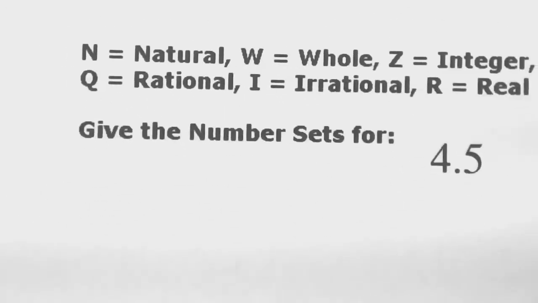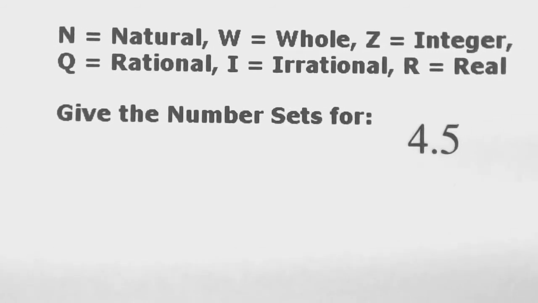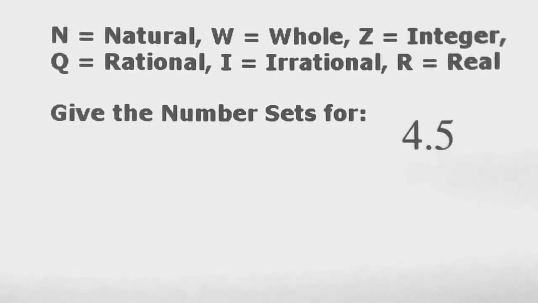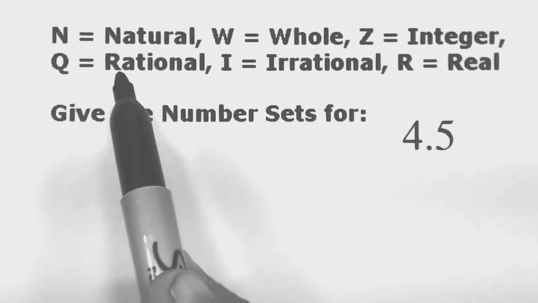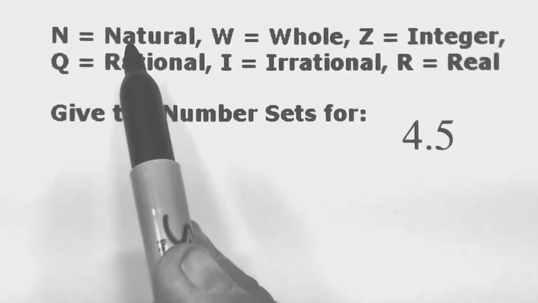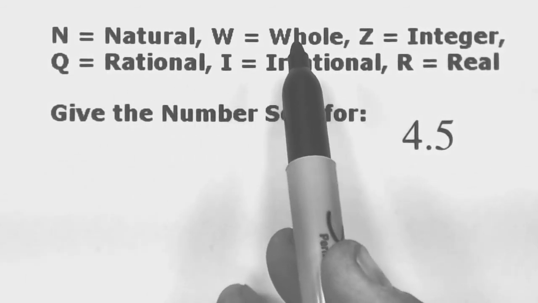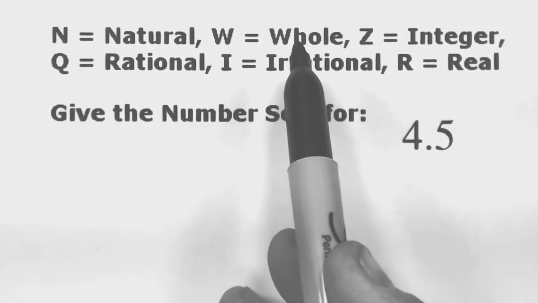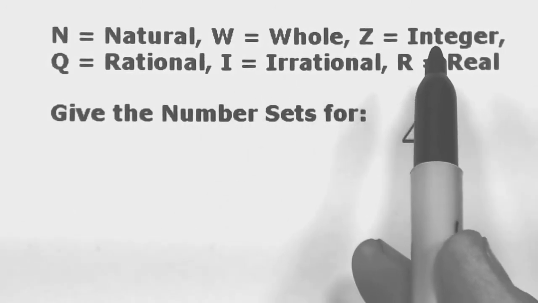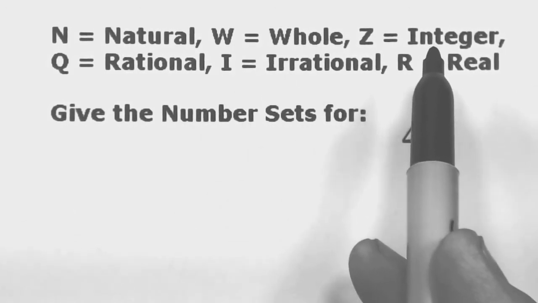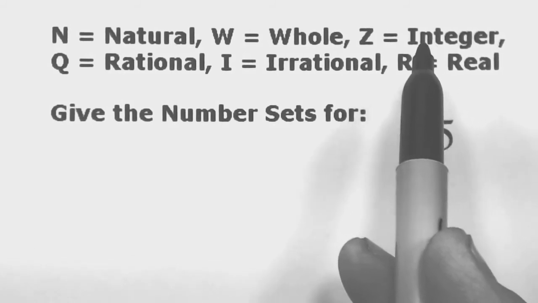Okay, let's take a look now at 4.5. Again, you would not bump into this counting things, and it's not part of the whole numbers either. There are no decimals in whole numbers, and of course there are no decimals or fractions in the integers, so it's not that.